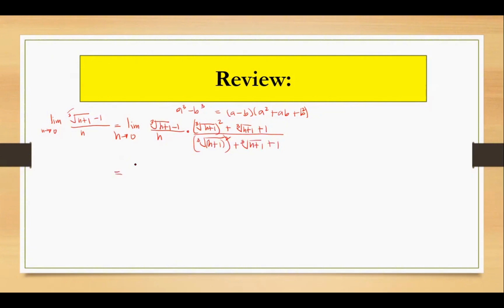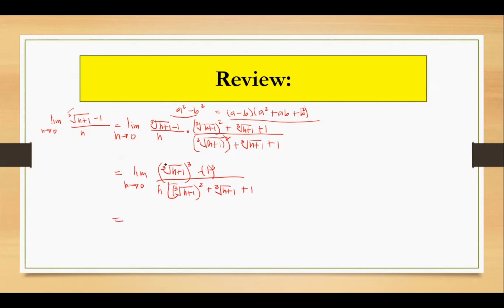So when you multiply, this is the factor now, so you may form the limit of the cube root of h plus 1 cubed, a perfect cube, minus 1 cubed, since you're going to form this from the factor, you have there the standard form. Divided by h times the quantity, the cube root of h plus 1 squared plus the cube root of h plus 1 plus 1 as h approaches 0.